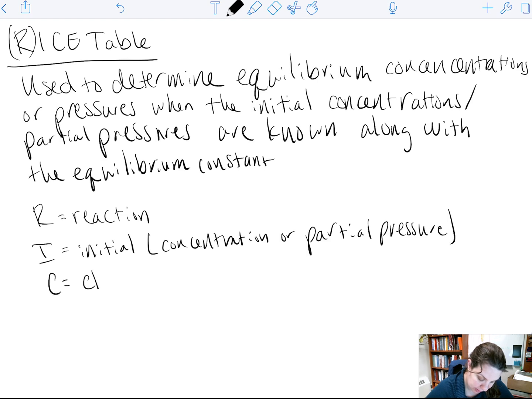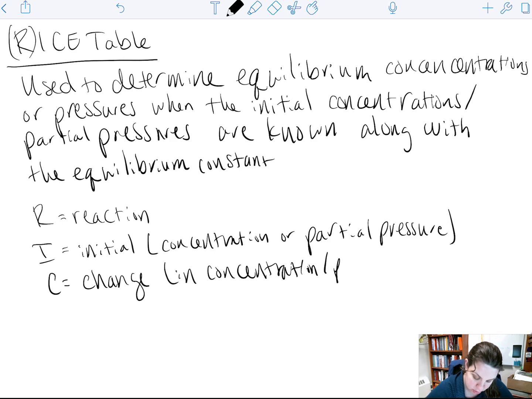The C is going to be change, and that's in concentration or partial pressure. And then E would be equilibrium.